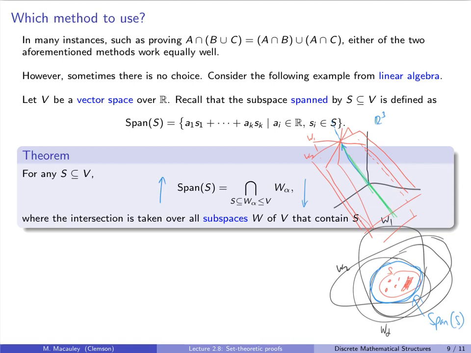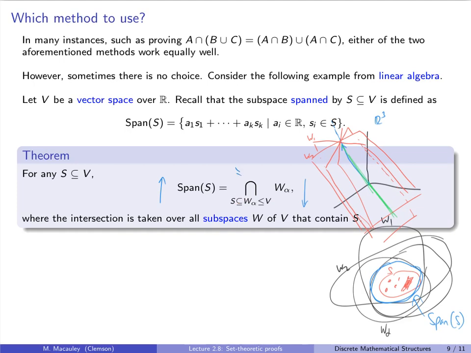It's the intersection from the top down. You take everything that's bigger than this and intersect them, as opposed to taking individual pieces of S and seeing what they generate. Okay, so let's prove this. Now, the first method's not going to work because I don't really know a good way to express this right-hand side as a collection of elements.